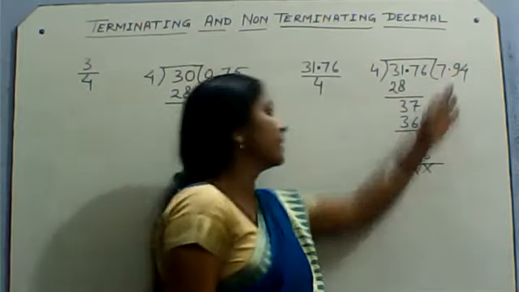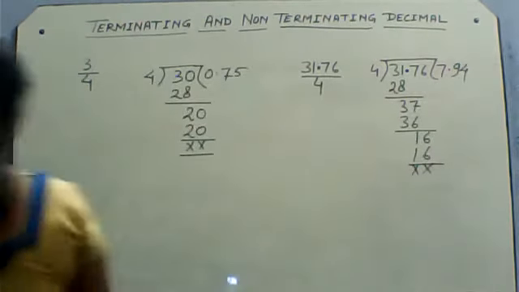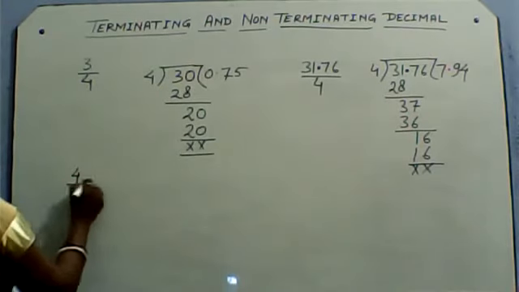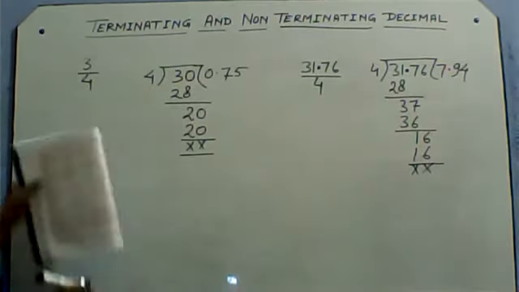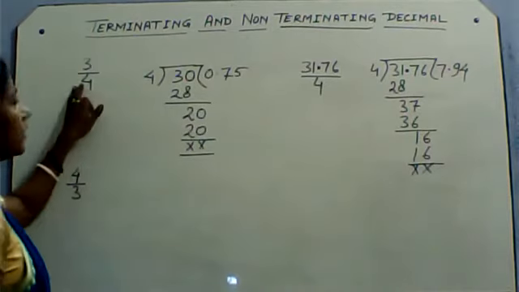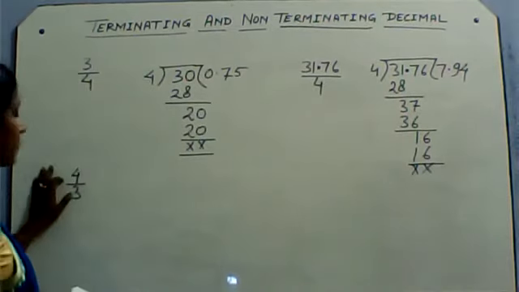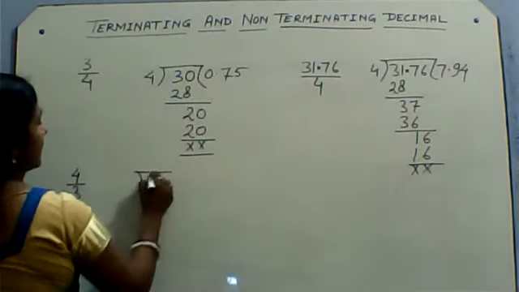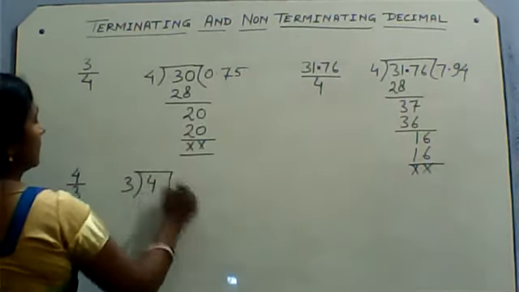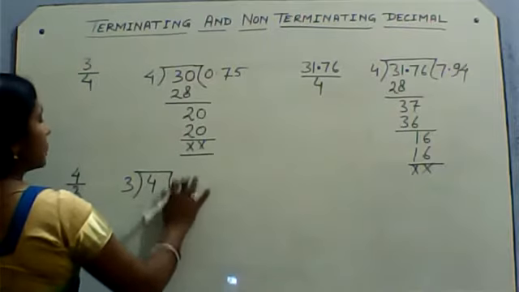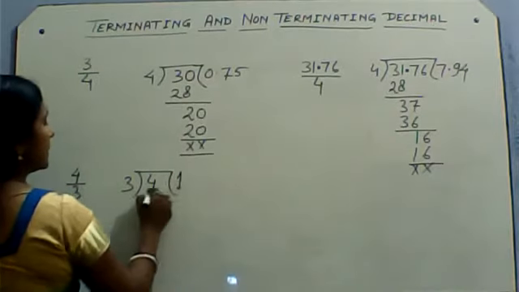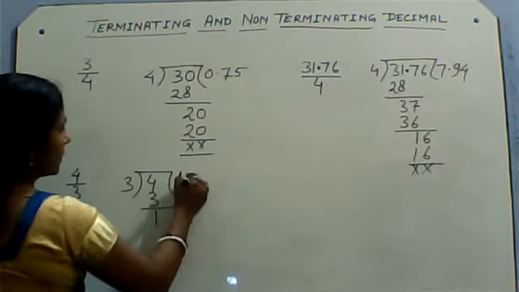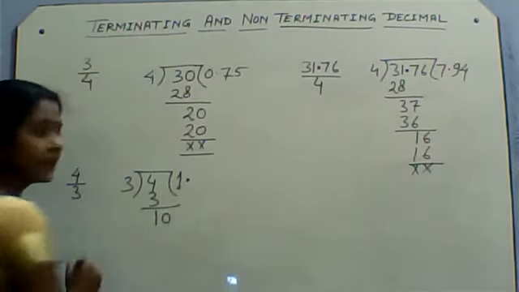Understand? Now some more examples. If we take the reciprocal of 3 by 4, that is 4 by 3. Now you divide 4 by 3. See, it goes one time. 3 ones are 3, 4 minus 3 is 1. Put the decimal here, then you get 0.